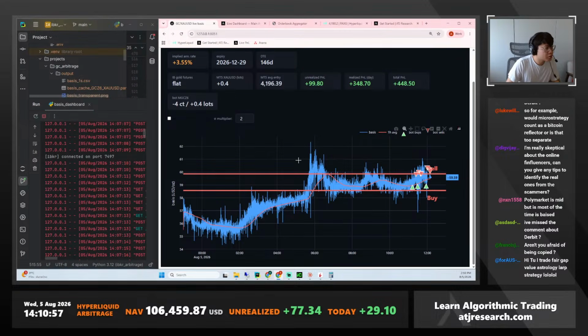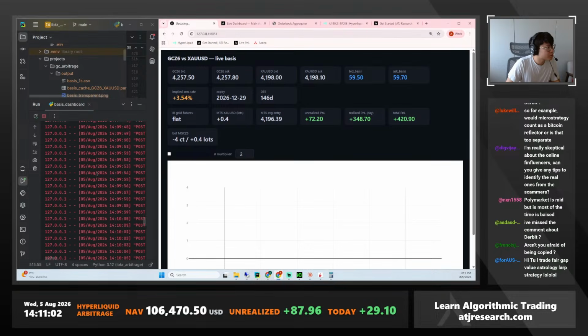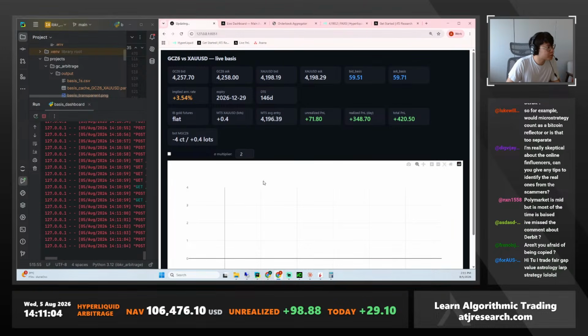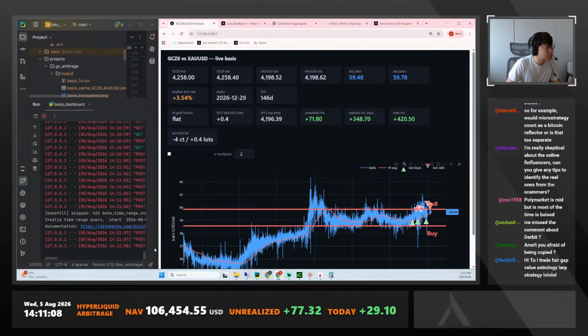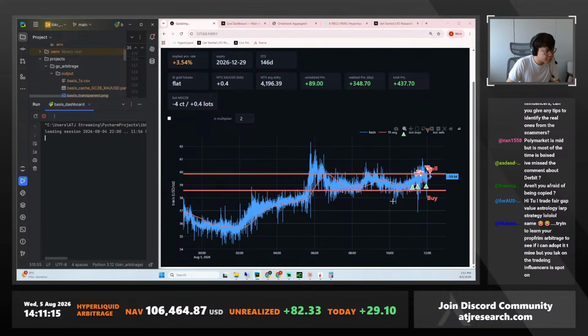Okay, so let's refresh. It still takes quite some time to load, but not as long. Nice. So let me restart this dashboard again. Before, it lasted like 1 minute to load this app. Now it takes only like 10 seconds.